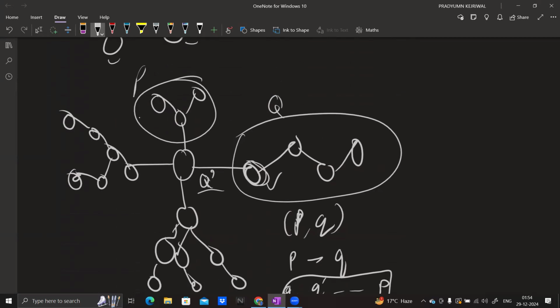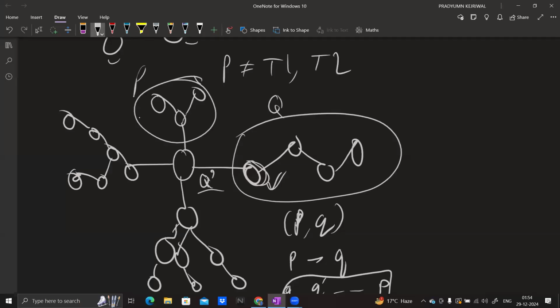So if I decide that I want to pick P from this subtree and Q from this subtree, then for Q I have only one option. I have to pick this because Q dash is the next element to Q. And for P, I need to select such that P is not type 1 and not type 2 as well.